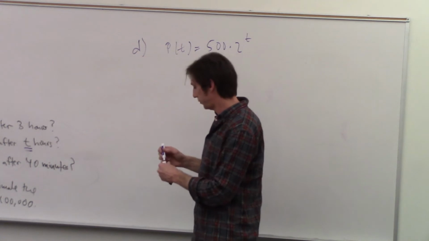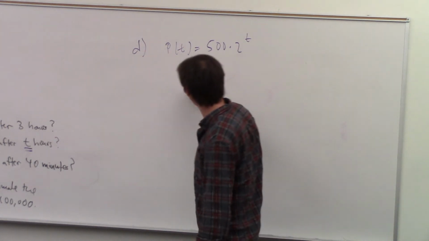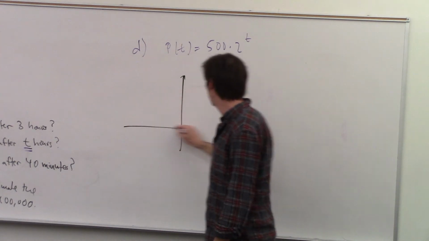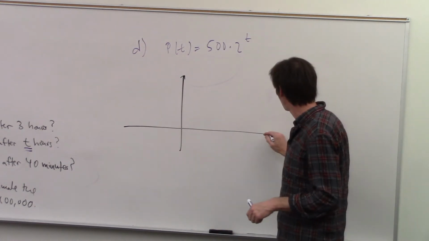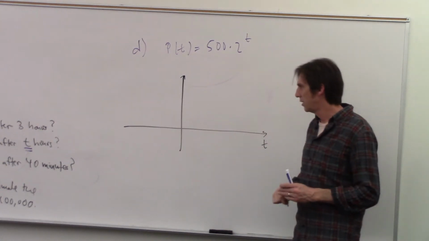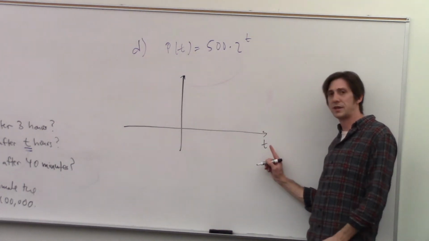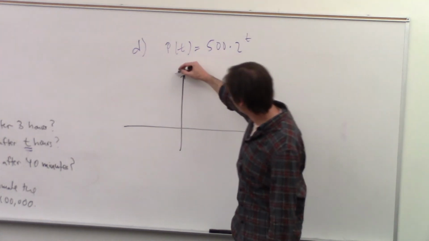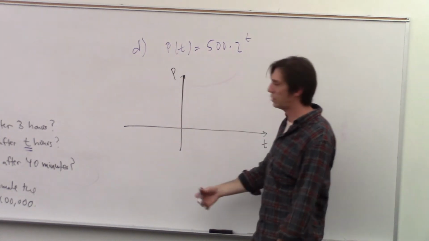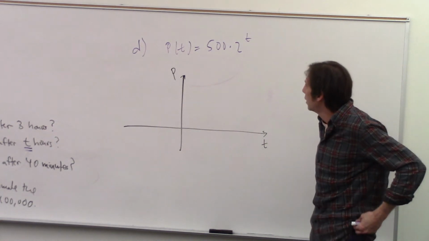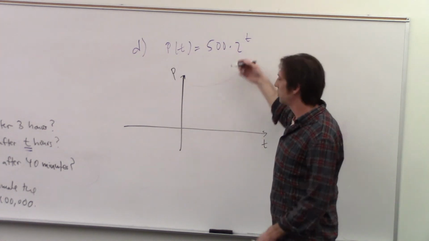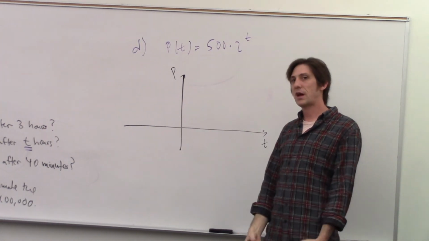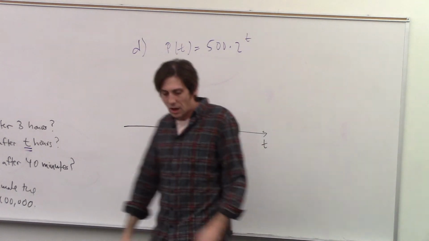To graph this, we're going to graph it in an xy plane, so to speak, but we'll label the independent variable axis as t, as time, and the vertical axis is the dependent variable, so that's p. In your book, you saw what the graph of an exponential function looks like.